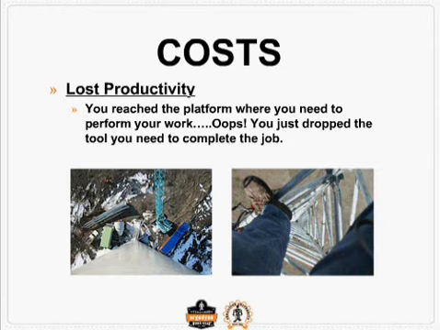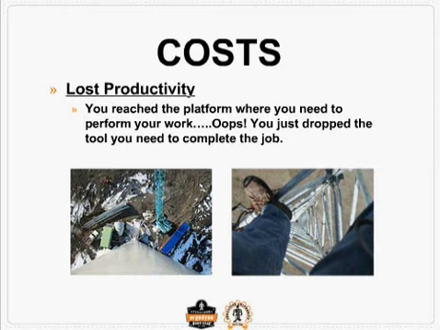And then the final category of cost is lost productivity. So imagine this scenario. You've just climbed up, you're worn out, you've climbed over 200 feet to do the work you need to do on a tower or a rig or something like that, and oops, you just dropped the piece of equipment you need to do the job.